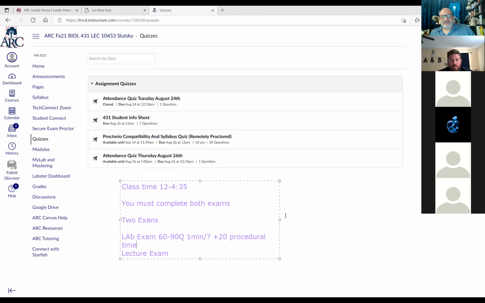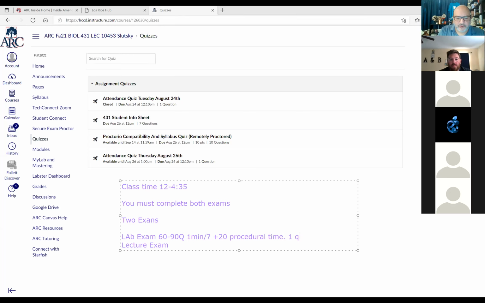That means the time to scan your area and the time to skip from one question to the next, because again, these are going to be 1 question at a time. So that's usually about 60 to 90 minutes, depending on the exam.